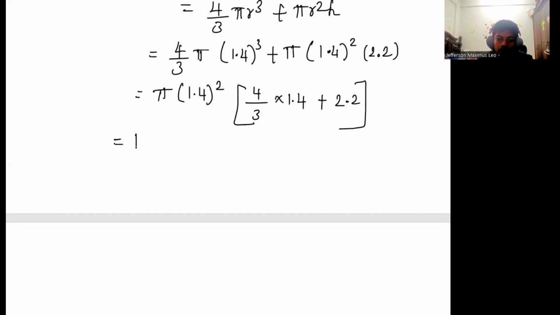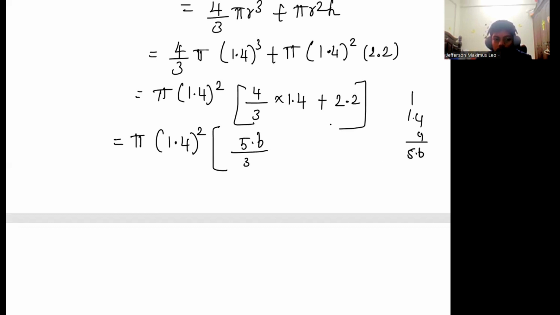So pi times 1.4 the whole square. Okay. Take LCM and simplify inside the parenthesis. The LCM is 3, you know. So 4 times 1.4 is 5.6, and this term is multiplied with 3, so the common denominator is 3. 2.2 times 3 is 6.6.